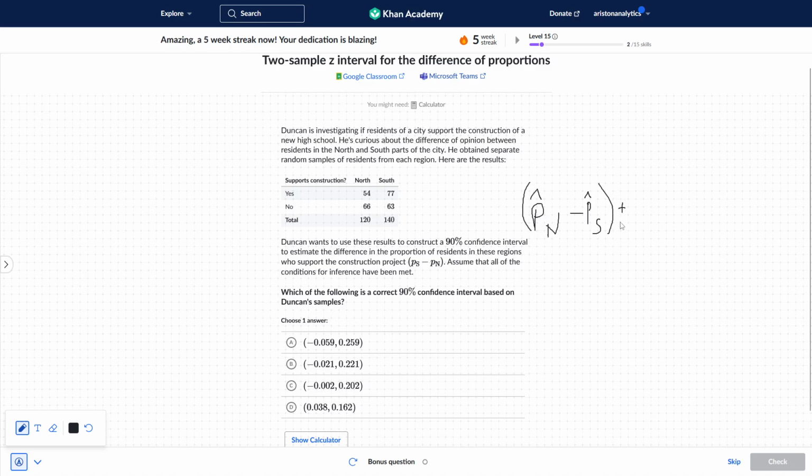This is the formula for constructing a confidence interval based on the difference of two samples. Okay. Z star times square root. I'm lazy. Okay. I need to do it anyways.